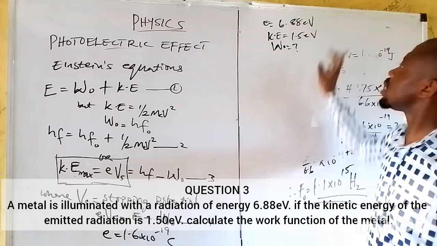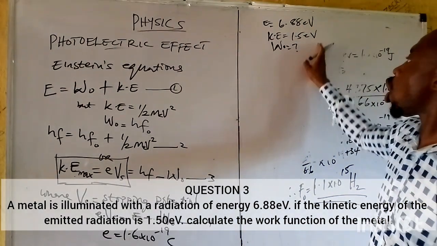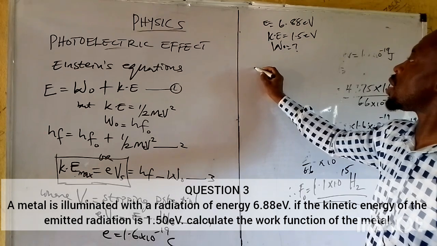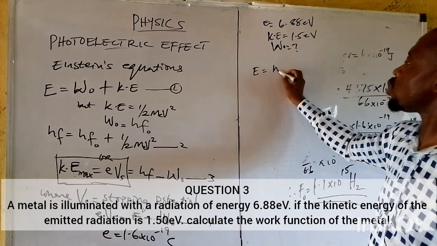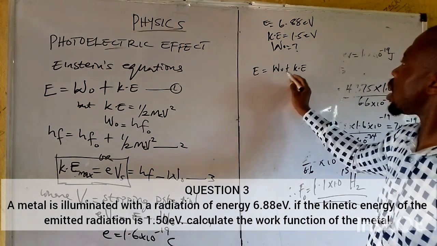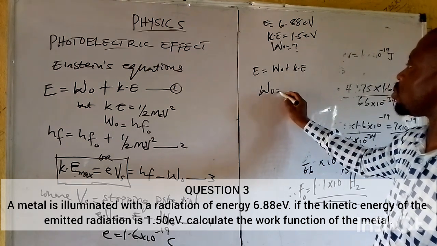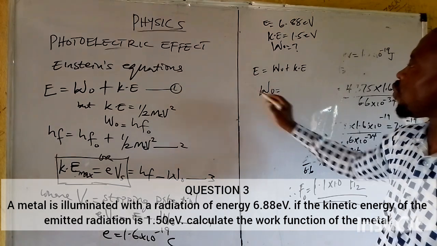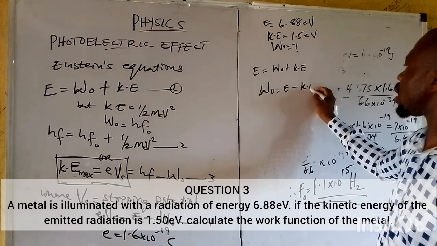Of course, this one is very, very simple. All you need to do is say energy is equal to work function plus kinetic energy. Make work function the subject: the work function becomes E minus kinetic energy.